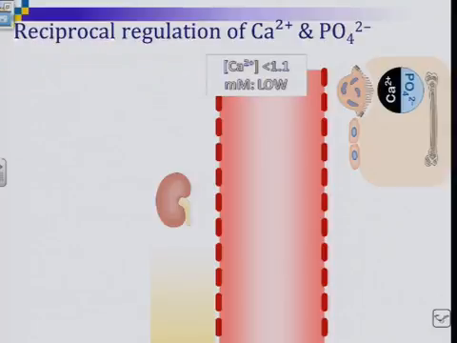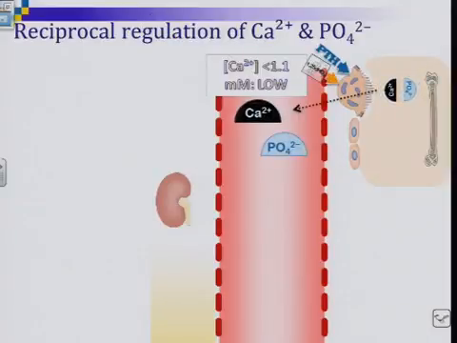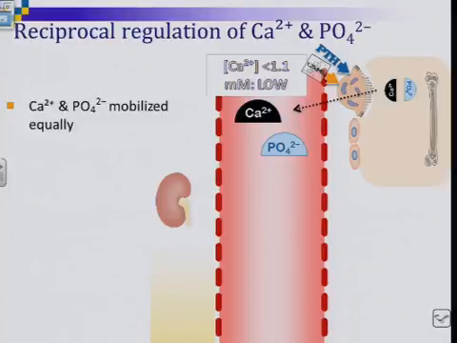So when calcium concentrations are low, parathyroid hormone and vitamin D mobilize the calcium and the phosphate from the bone. But they come out in a fixed molar concentration. Because you're dissolving a mineral, you can't just take some calcium and leave the phosphate behind. You have to take them both. So calcium and phosphate both increase in the bloodstream. They're mobilized equally. The problem is that this leads to excess phosphate in the extracellular fluid.